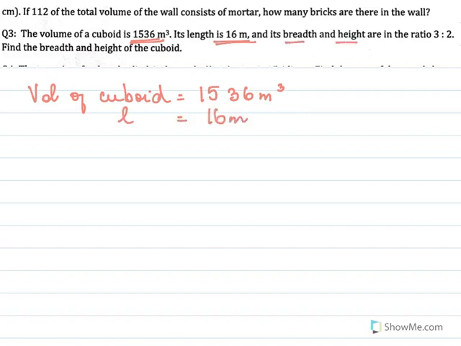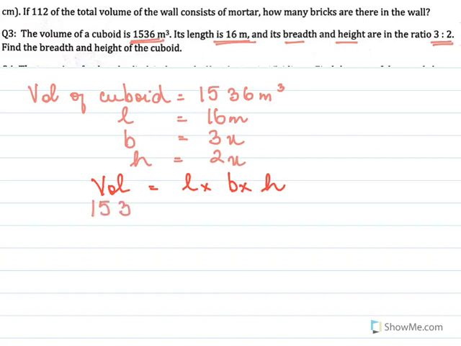The breadth and the height are in the ratio 3:2, which means the breadth will be 3x and the height will be 2x. Now for the formula, volume equal to length into breadth into height, and that is 1536, length 16, 3x into 2x.